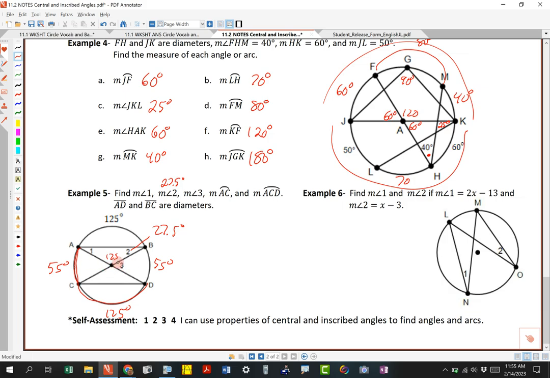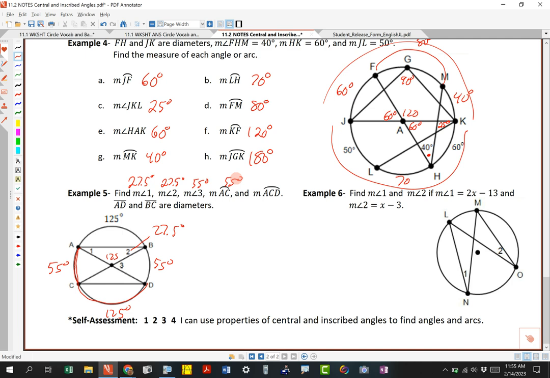So this is an isosceles triangle, and lo and behold, half of 55 is still going to be 27.5. So that's going to be 27.5 degrees. Measure of angle 3. 55 degrees for a couple of different reasons. AC is going to be 55 degrees.